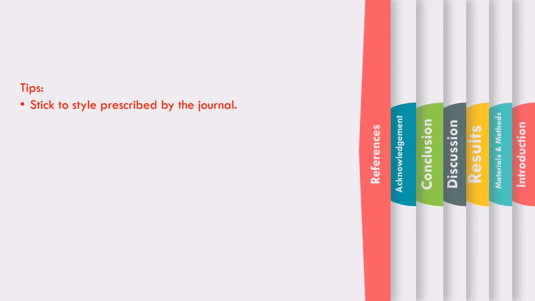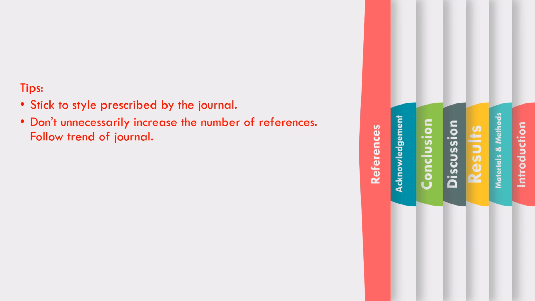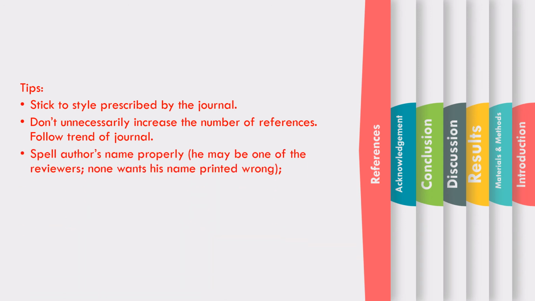Now let us give you some final tips regarding right referencing. Tip number 1, stick to the style prescribed by the journal. Don't unnecessarily increase the number of references. Follow the trend of the journal. Spell the author's name properly.